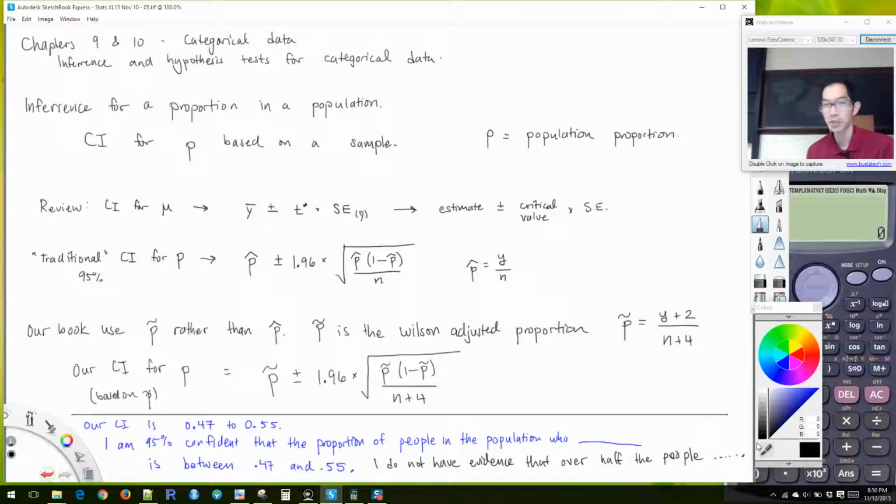Okay, is that all right? Confidence intervals. I think this is pretty easy and straightforward, especially because we've had exposure to confidence intervals already. It's the exact same idea, and it's just being applied to proportion.